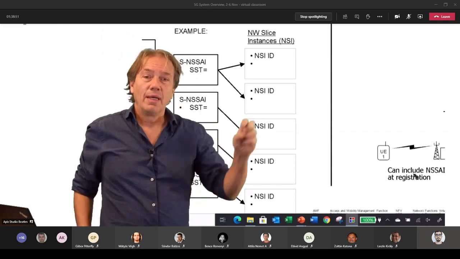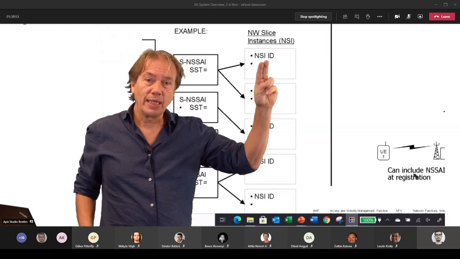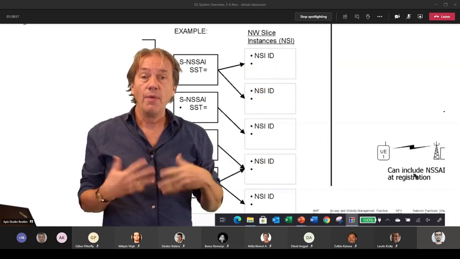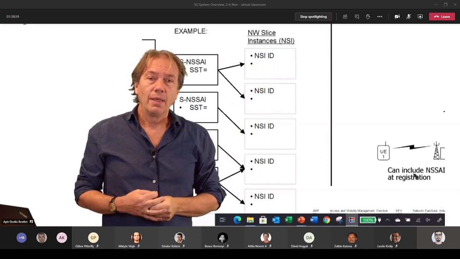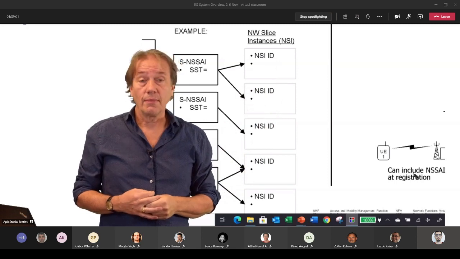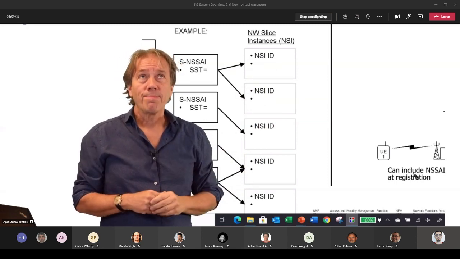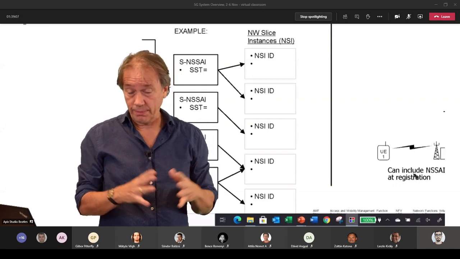They have network slice instance identities, which is a number of bits. I can't remember how many.